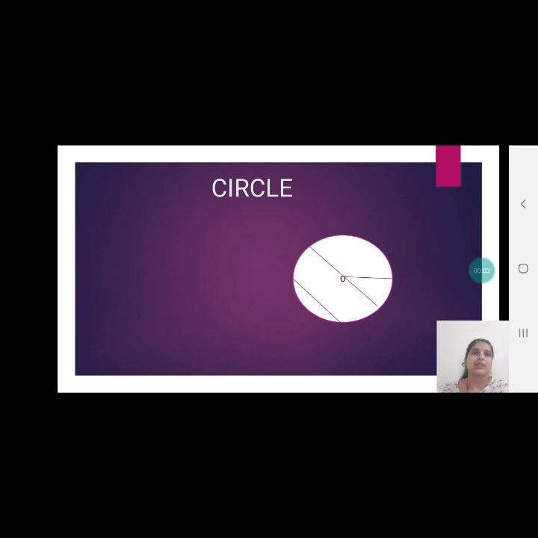Circle. We all are familiar with circle. The basic concepts of circle are center, radius, diameter, chord, interior and exterior of the circle, then congruent circles, intersecting circles and concentric circles.